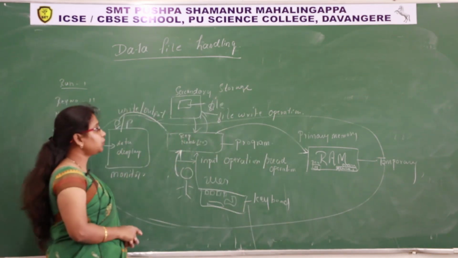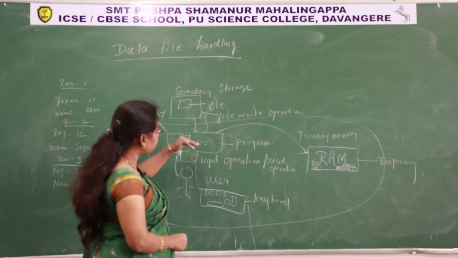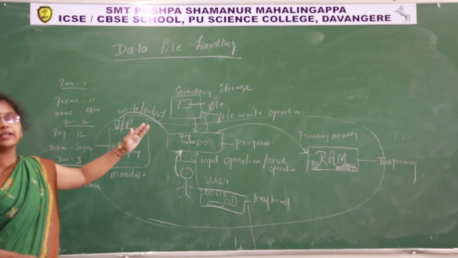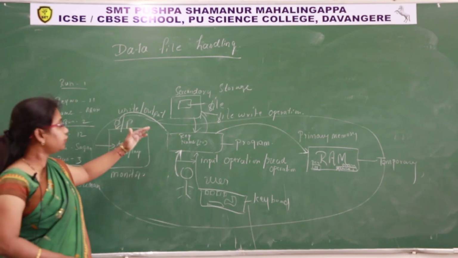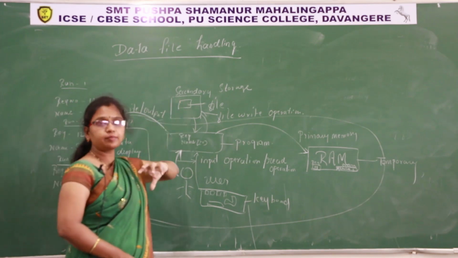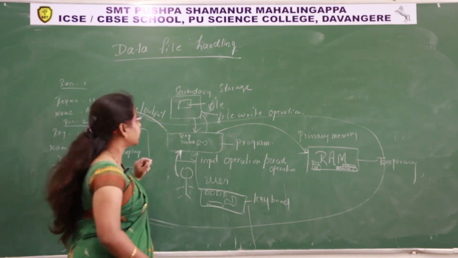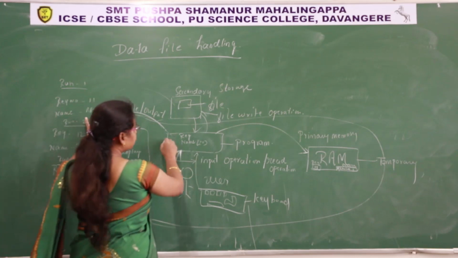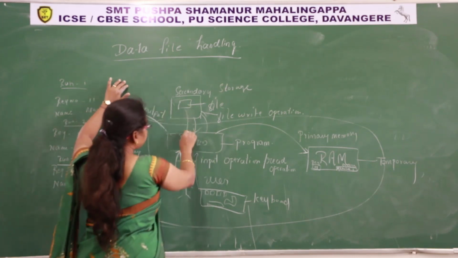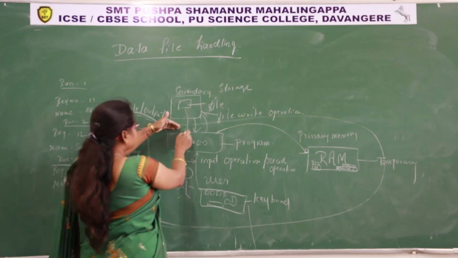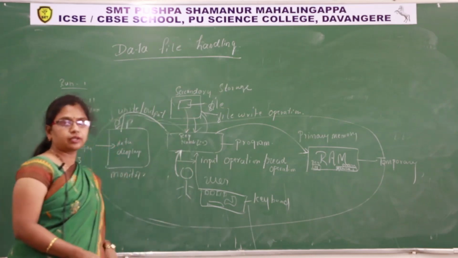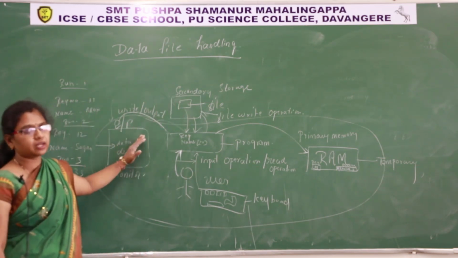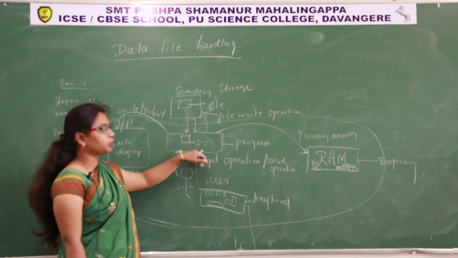Understood? I want to access the content of the file. Now when I put data from the program into the file, we call it file write operation. If you want to get the data from the file and display it on the screen, there is no direct communication between the file and the screen. The program is the mediator. First the data must come from the file to the program, and then the program must display it on the screen. Understood? So indirectly the content in the file is displayed on the monitor. Who is the mediator here? The program.